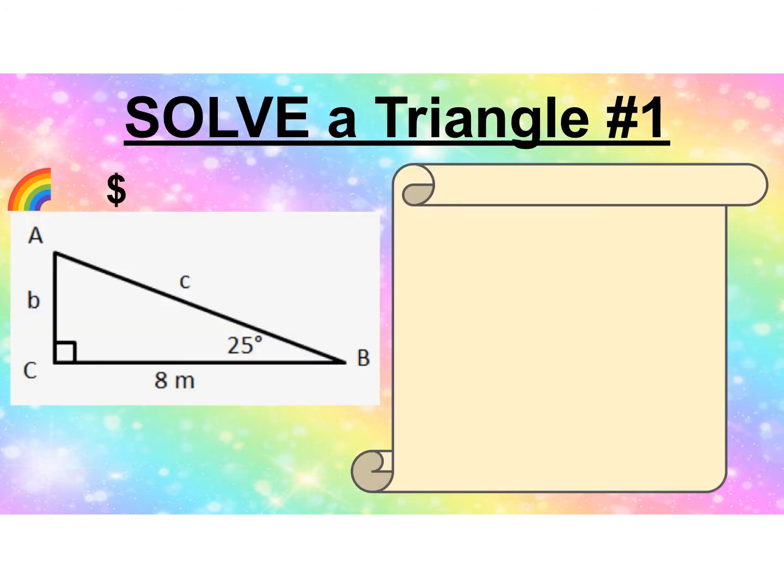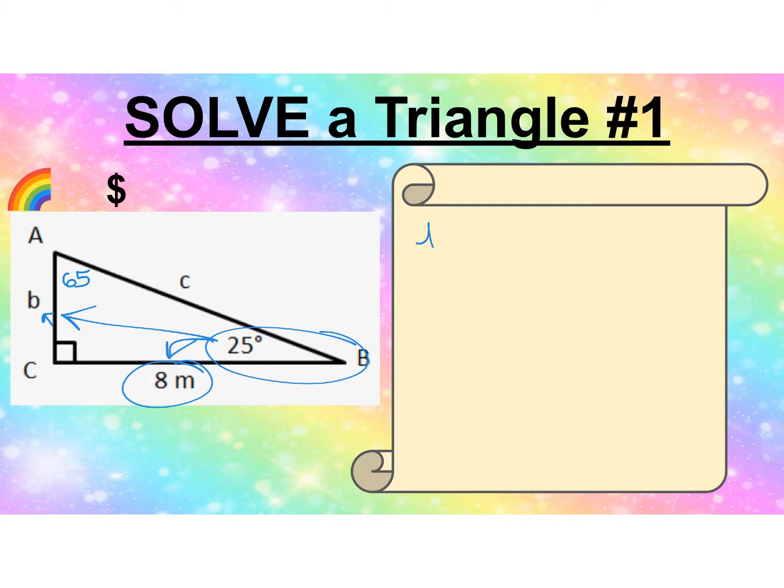So let's go ahead and try to solve this. So here I have one side and one angle. Technically I have two angles because I do have the right angle there. So I can just subtract from 180, and I know that angle A is going to equal 65. So I can use that. Now I'm going to switch over and try to solve side B. I'm going to use the angle that I know and the side that I know, but I don't know B. So that means that's opposite and adjacent.